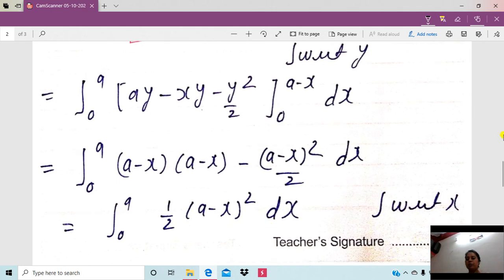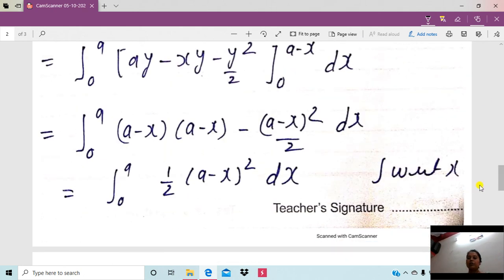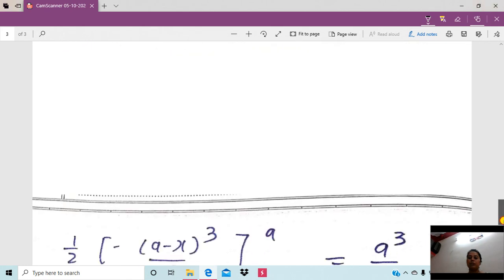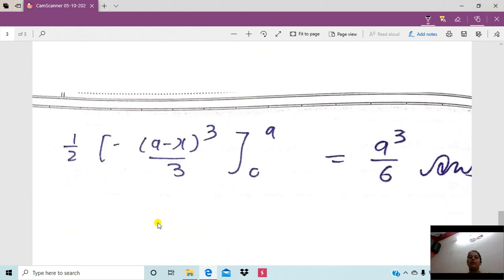And now the final integration will be integration with respect to x. If we integrate it with respect to x, its integration will be minus a minus x whole cube by 3, and the limits are from 0 to a.